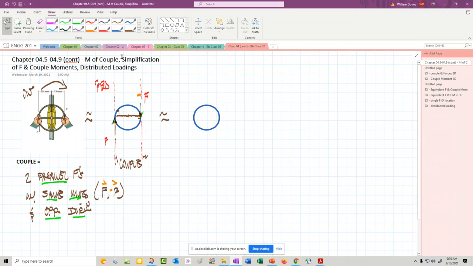Okay? So where we're trying to go with this is we have these two forces. They're in a pair, right? That's what couple is, a pair. They're parallel, same magnitude, opposite direction. That's known as a couple or a force couple.